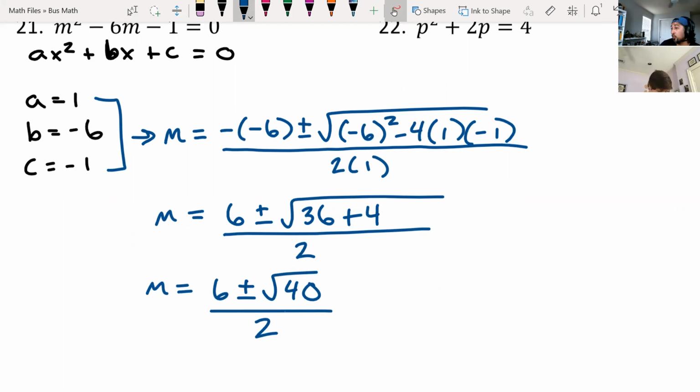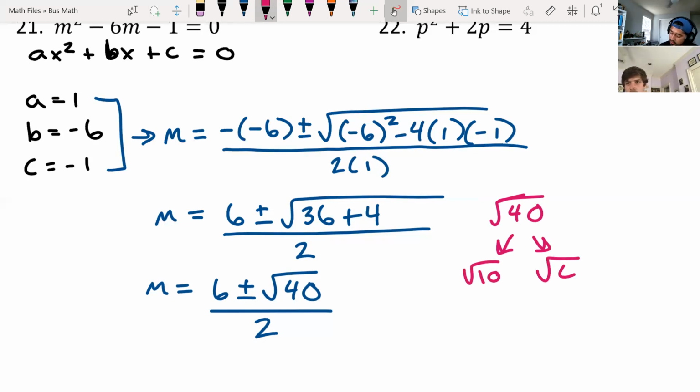Okay, so can we break down the square root of 40? What are two nice factors? 10 and 4. Square root of 10, square root of 4, and the square root of 4 becomes 2.